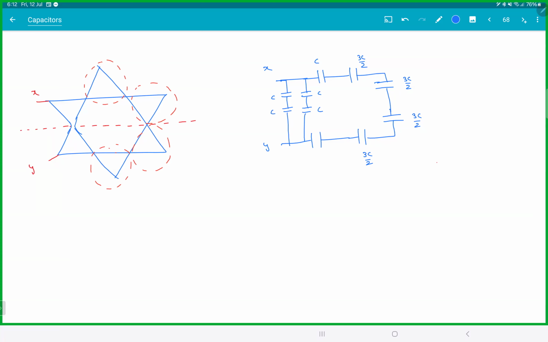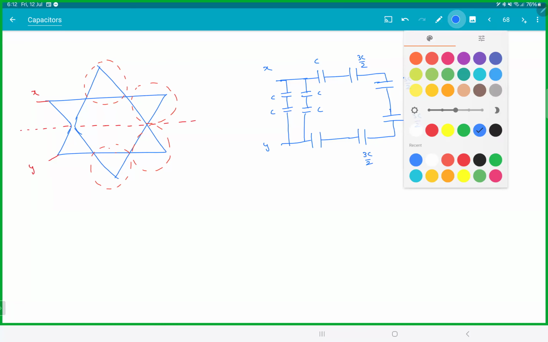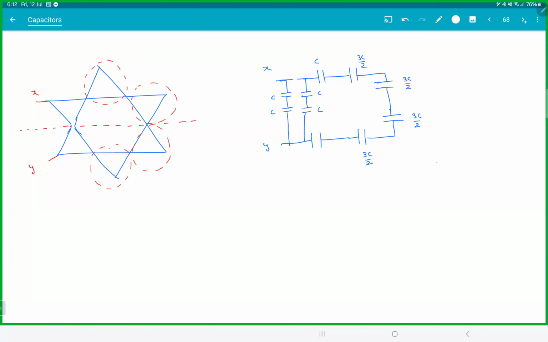Isn't this how it looks? No, there is one more capacitor in the middle. Yeah, here it is.